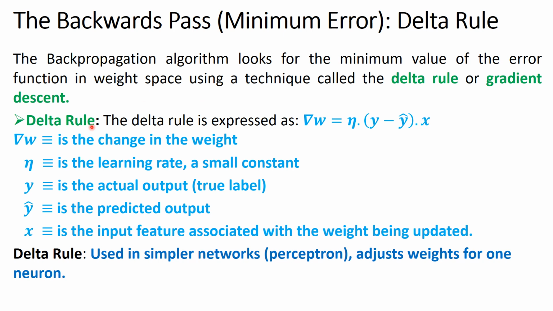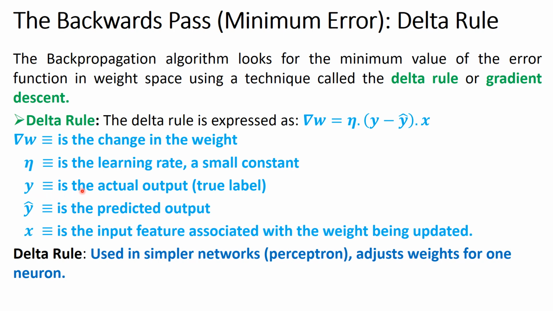Delta rule is expressed as ΔW = η · (y - ŷ) · x. ΔW is the change in the weight، تغيير في الأوزان. إيتا is the learning rate اللي هو ده معدل التعلم. small constant دايما بيكون أقل من واحد بكثير.